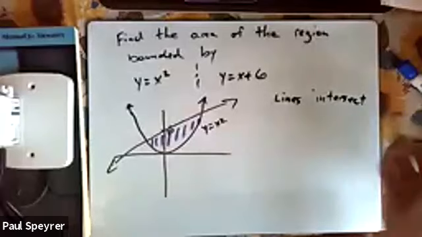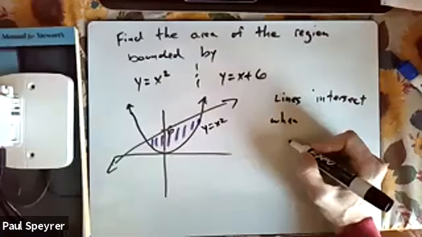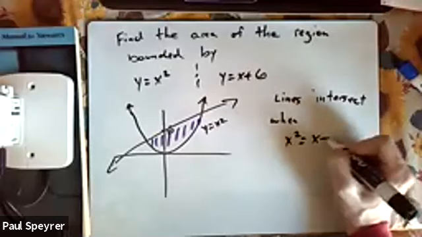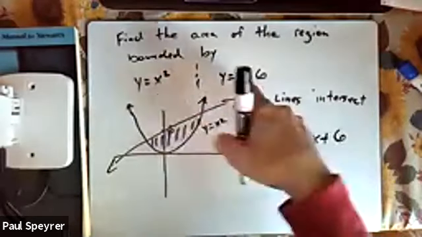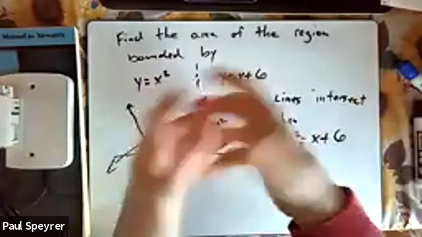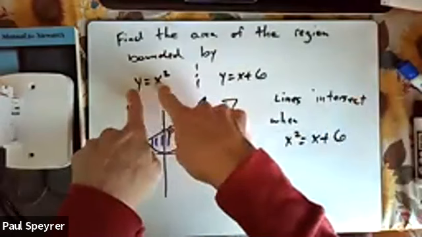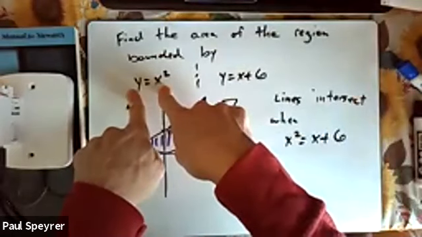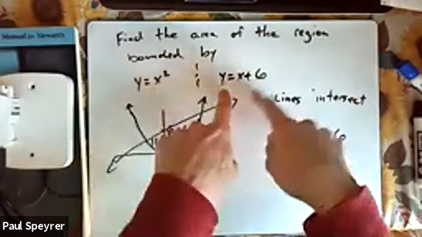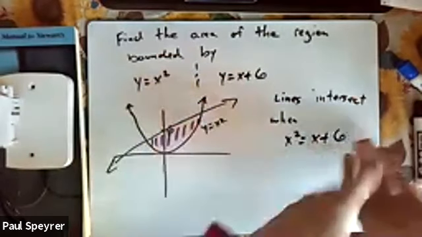So when x squared equals x plus 6. Now, how did I get that from these two right here? I substituted, right? It doesn't matter which you substitute into which. Y is equal to x squared in this case, so what if I plug in x squared for y? What do you get? You get x squared equals x plus 6. Or you could do it the reverse way.